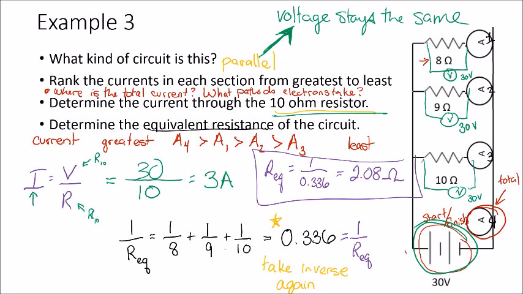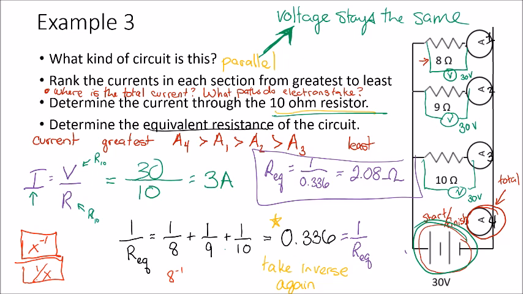Many graphing calculators have a button that makes this kind of calculation a lot easier. They'll have x to the negative 1, or they'll have a 1 over x button, and that helps make the calculations go quicker because you're not having to type 1 divided by 8, 1 divided by 9.